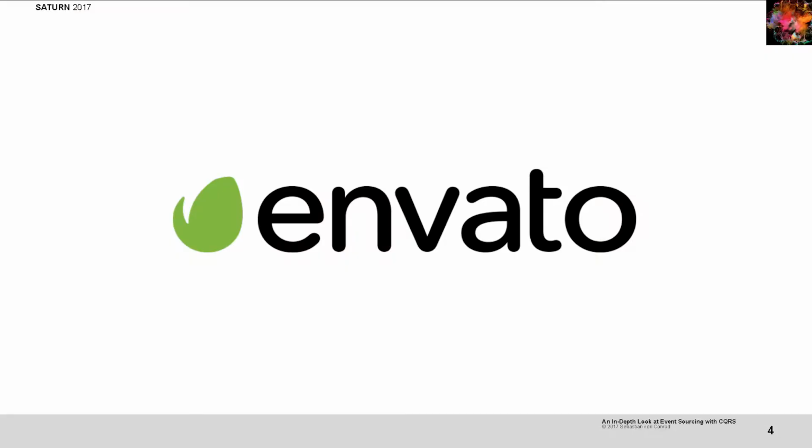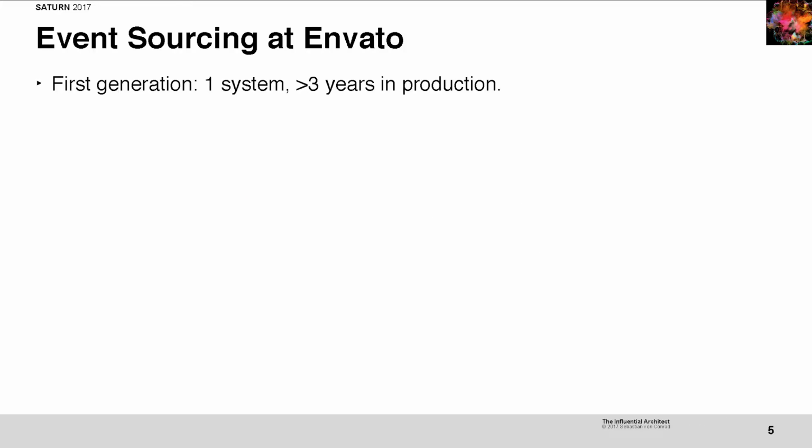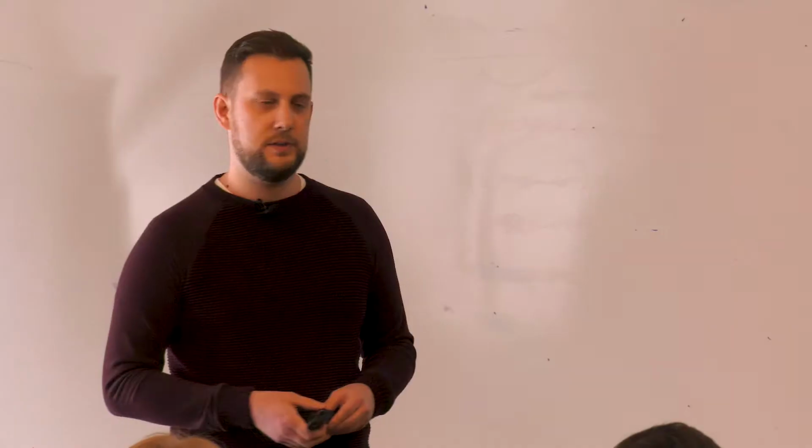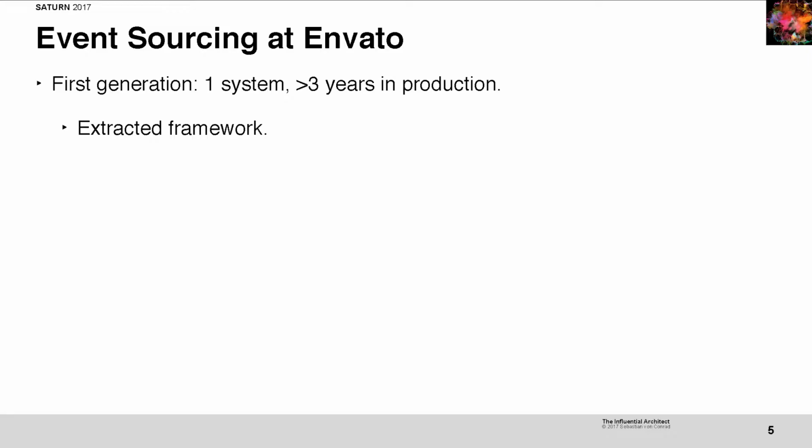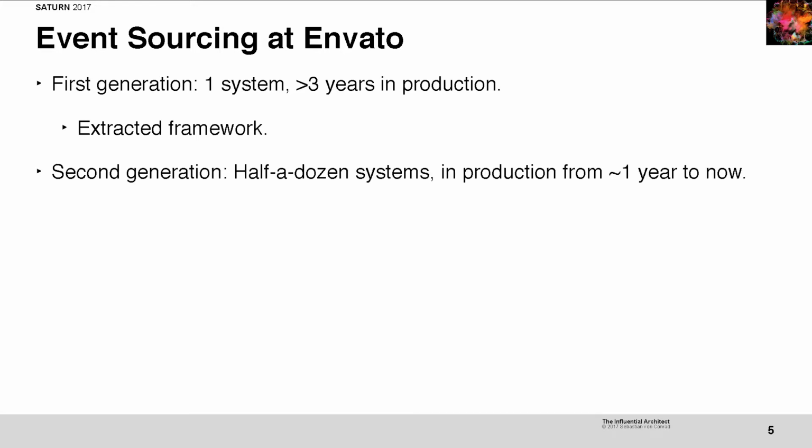I work for Envato. Our history with event sourcing there is that the first system was put in production about 3 years ago. I was the lead on that project before I moved into my architecture role. From there, we started extracting out a framework which we used when building the second generation of event source systems, which started coming into production about a year ago.